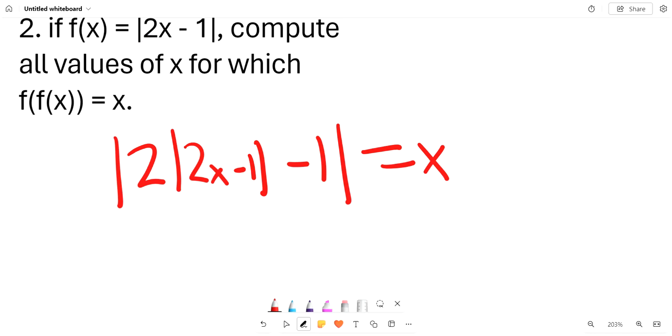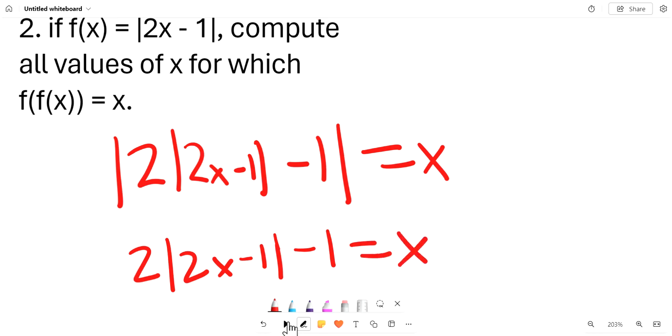And basically we can create a bunch of equations from this. So let's see, if this whole thing is greater than 0, then we can write an equation. So we can just say 2 times 2x minus 1, minus 1 equals x.